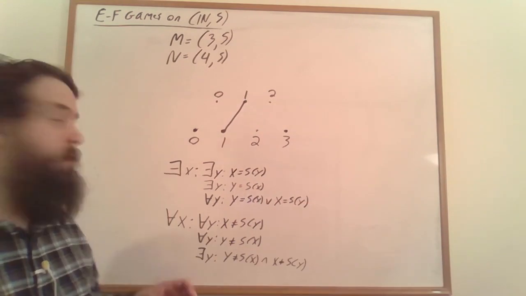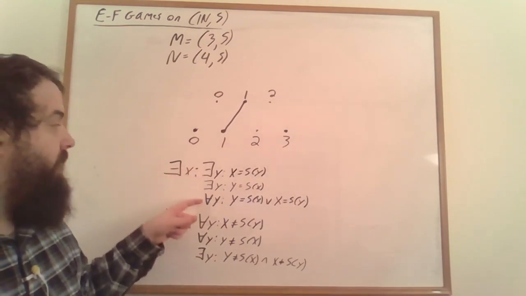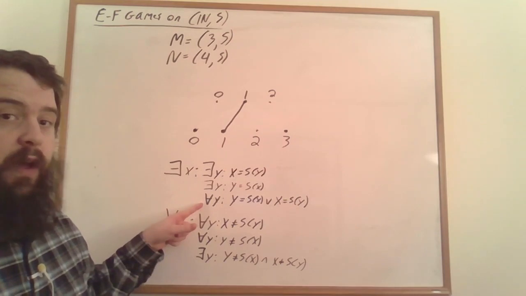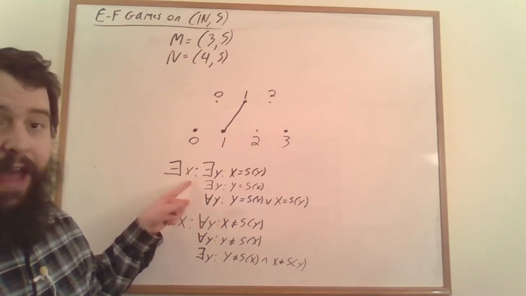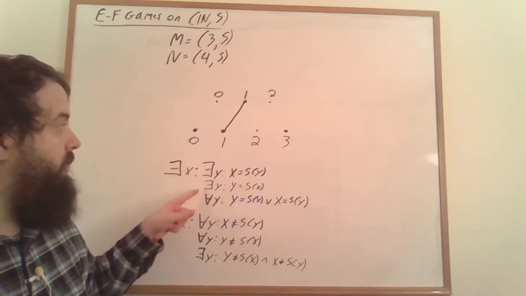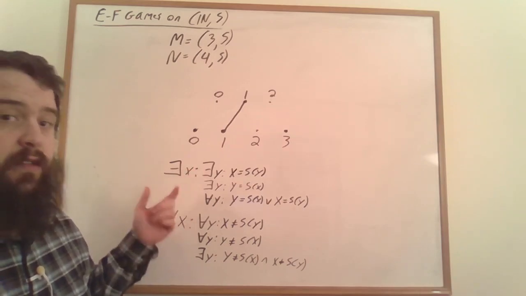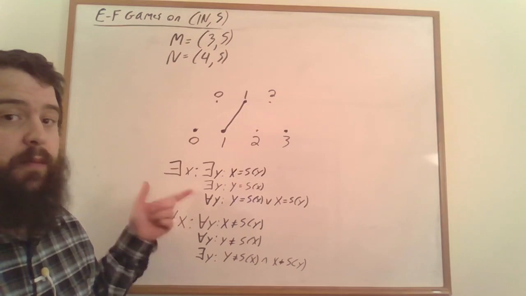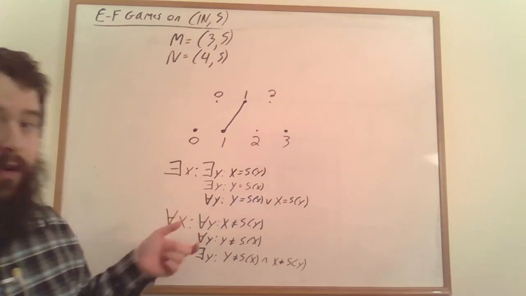Now, spoiler is going to need all 3 of these to be true for the particular x that spoiler picks in order to be able to respond correctly depending on how duplicator plays on their first turn.